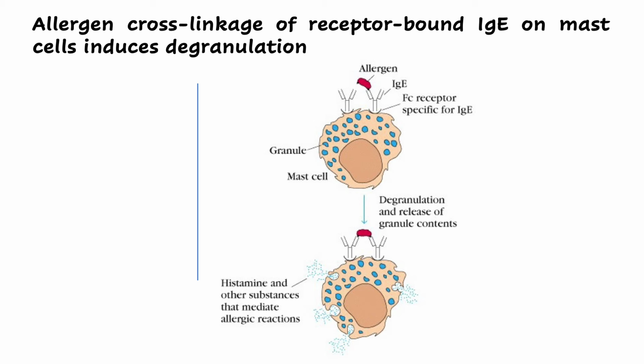So we have the mast cell yang akan berfungsi ataupun menghasilkan IgE untuk react towards any allergic reaction. Dan degranulation, bila ada binding of the allergen dan juga IgE, so degranulation and release of granules content akan berlaku, and then the histamine, which later the histamine and other substances that mediate allergic reaction also akan be released.